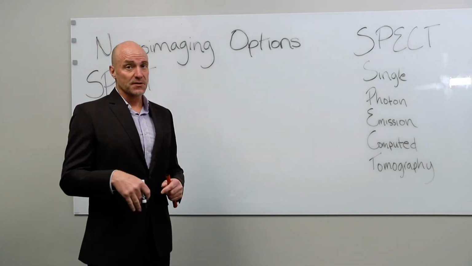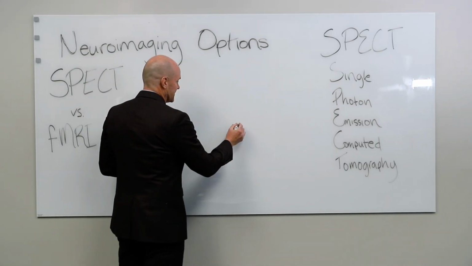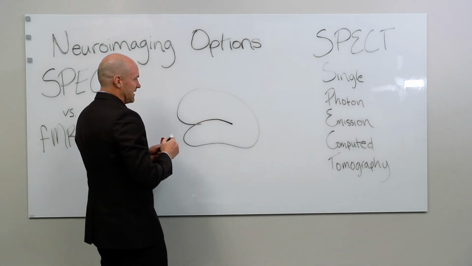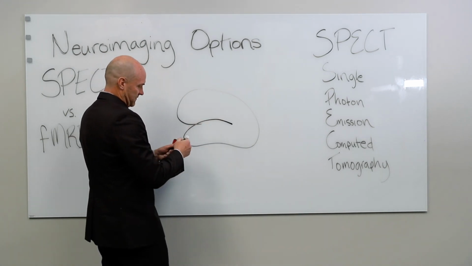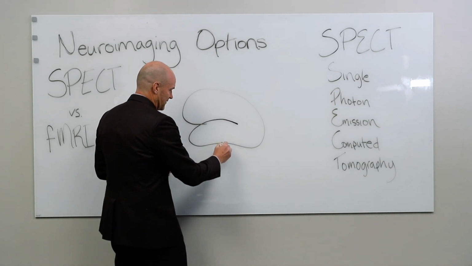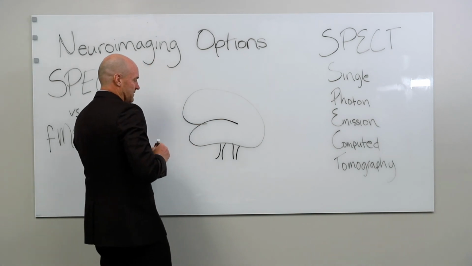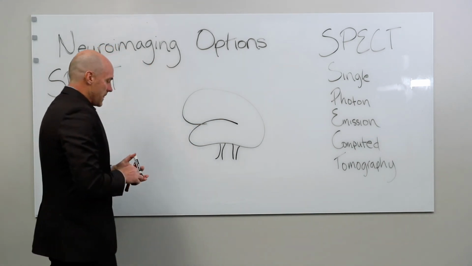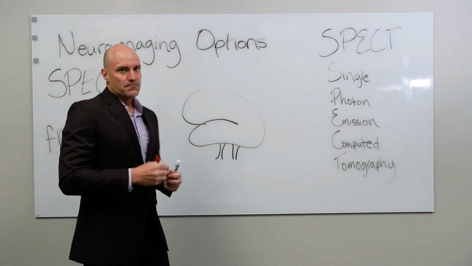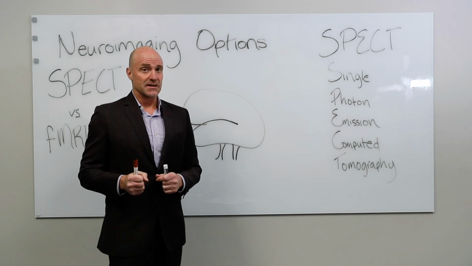Going back to this blood flow issue, let me sketch out a cartoonish image of the brain here, and then an even more cartoonish depiction of how blood flow enters the brain through the major feeding arteries to the brain. One fact about blood flow to the brain is that it's very highly regulated.